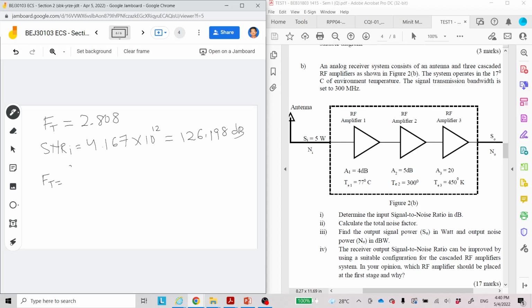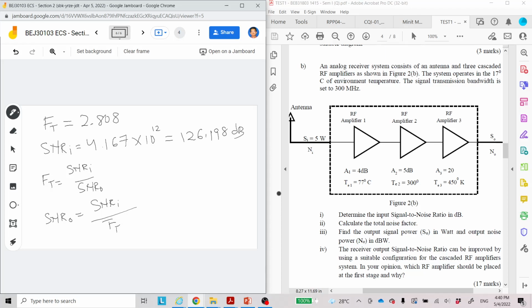Remember that F total is equal to SNRI divided by SNRO. So SNRO is equal to SNRI divided by F total.